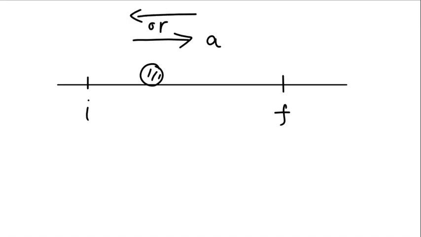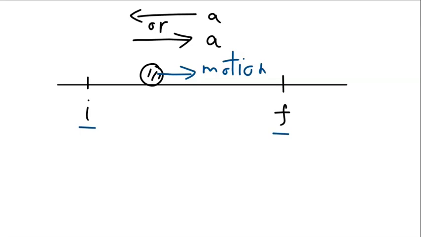Now, kinematics is basically about motion of an object from some initial point to a final point with a constant acceleration or constant deceleration. If it's an acceleration, the object is speeding up, and if it's deceleration, the object is slowing down. So in this example, the direction of motion is to the right from initial point to the final point.